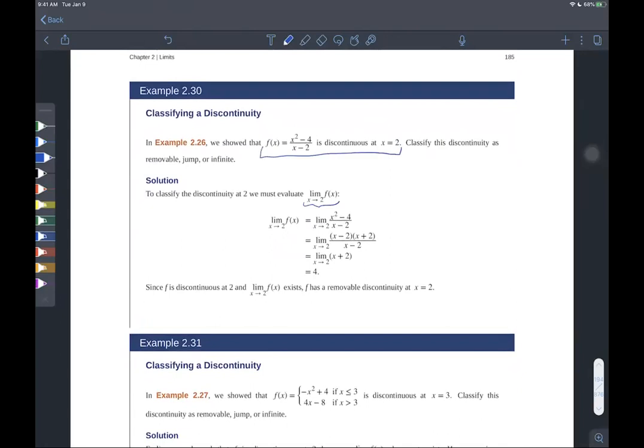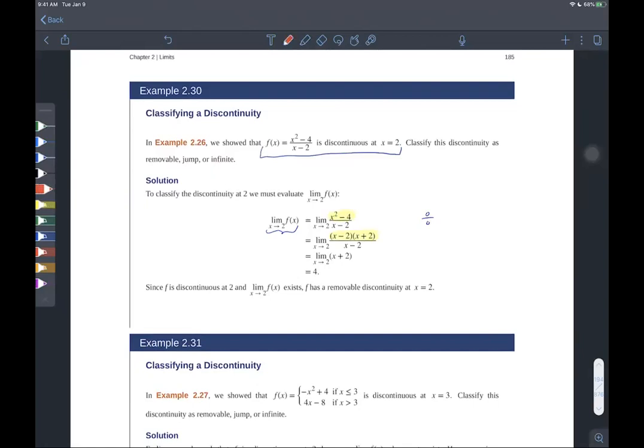You can use algebraic reduction for this. So the limit as x approaches 2 of f of x. Let's go ahead and try to, well, they tried to plug in 2 earlier and you got 0 over 0. So then we can try to factor the numerator. The numerator is nice and it factors into a difference of squares. Since it's a difference of squares, it factors to x minus 2 times x plus 2.